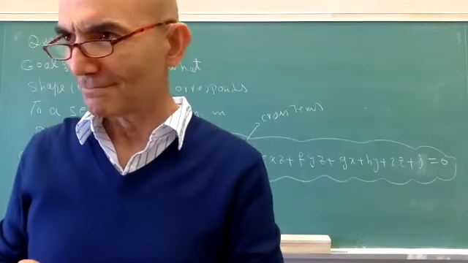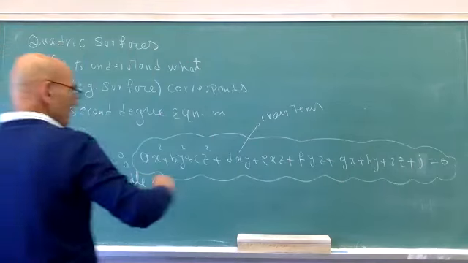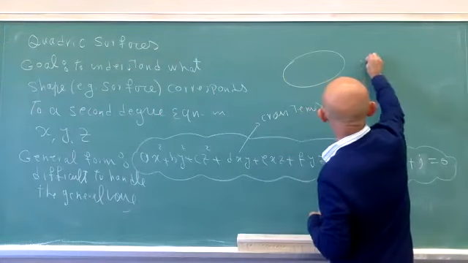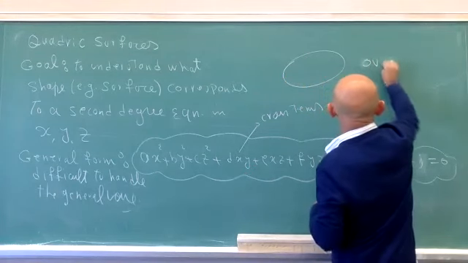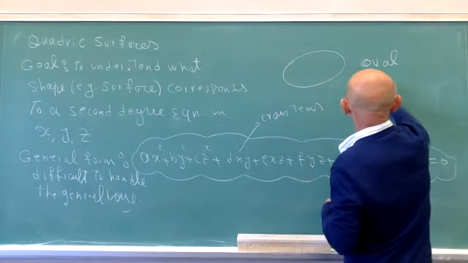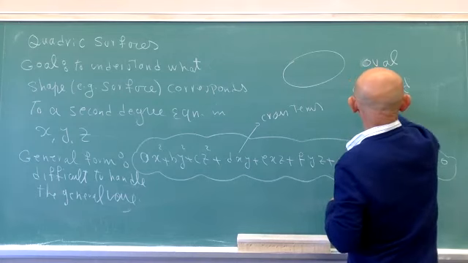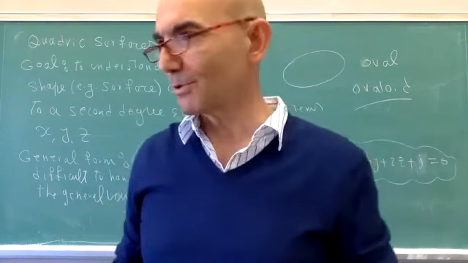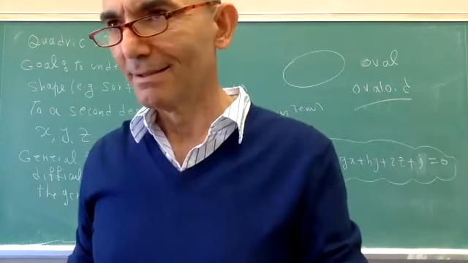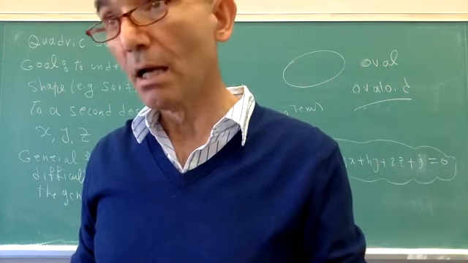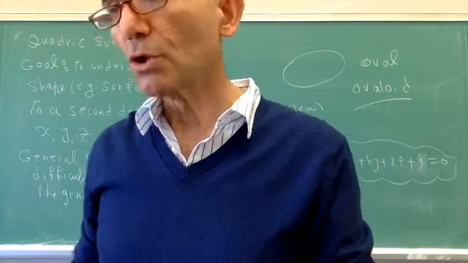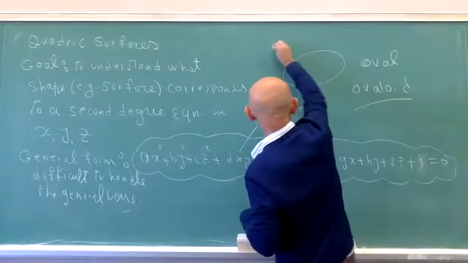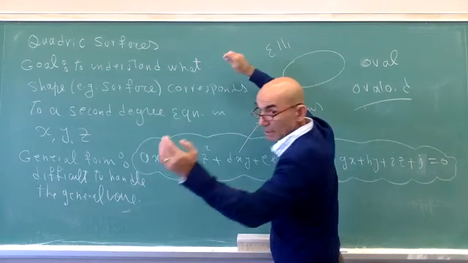Oval is essentially like an egg. Like a grain of rice. Grain of rice, yeah, that's right. I'm not 100% sure, but we don't call it this, we call it ellipsoid. As you said, you said ellipsoid.